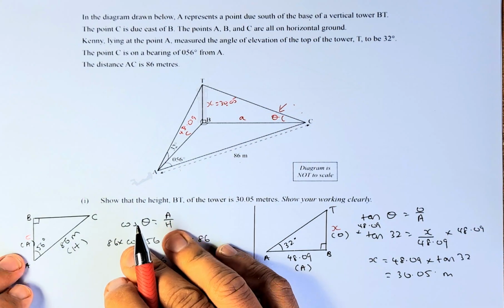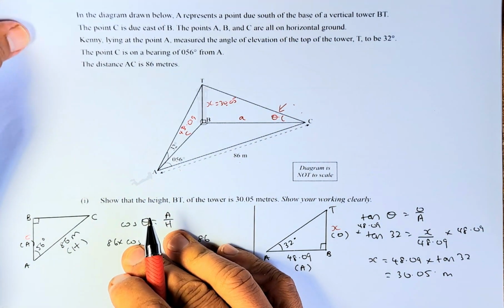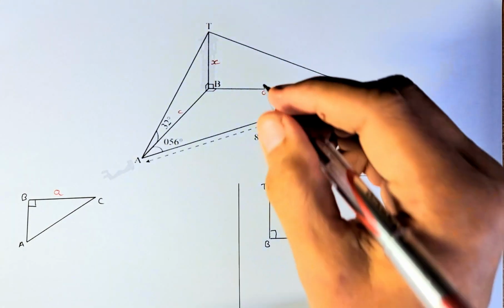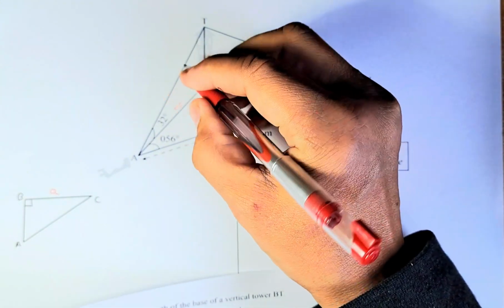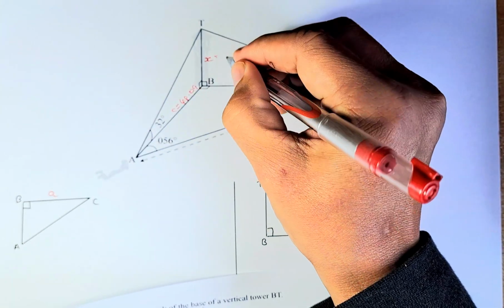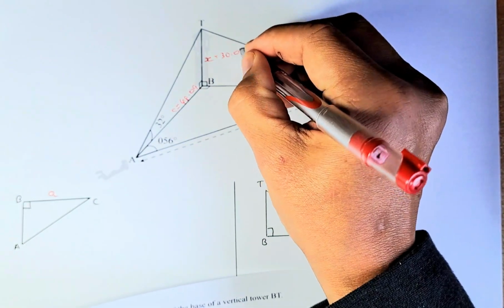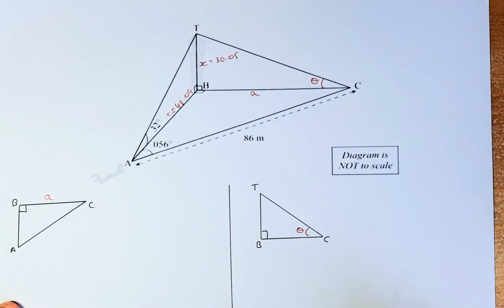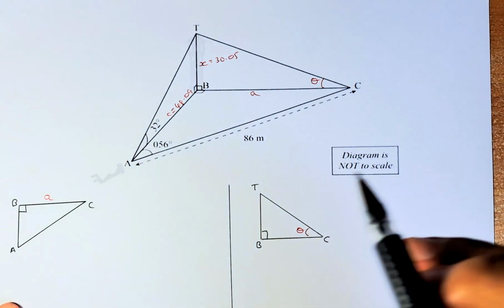So we transfer whatever we've seen on this page to the next page. C we have found to be 48.09, and X is 30.05. To get excellent, you are supposed to calculate the angle theta, the angle of elevation of T from C.